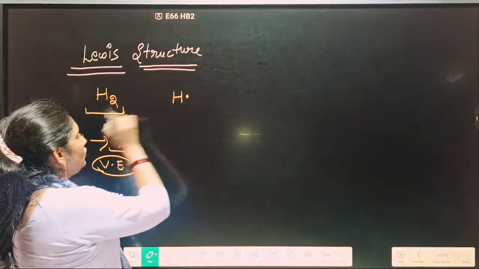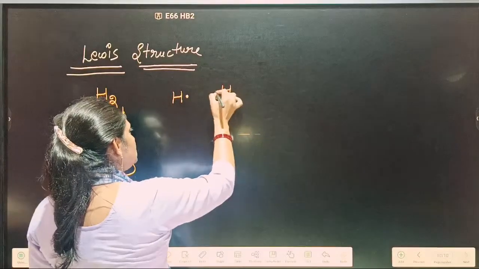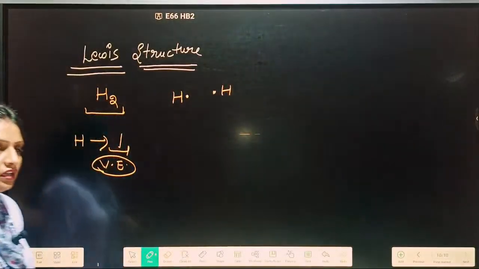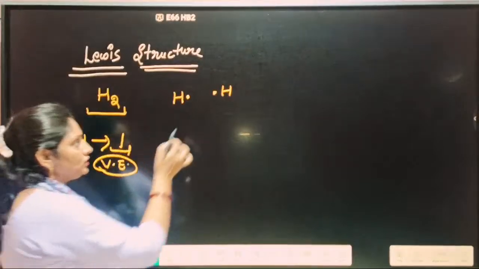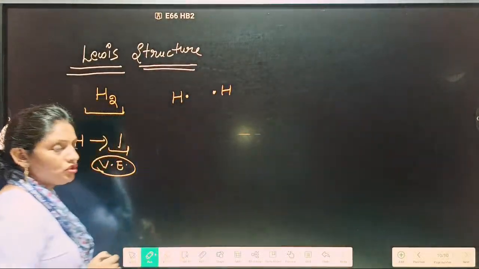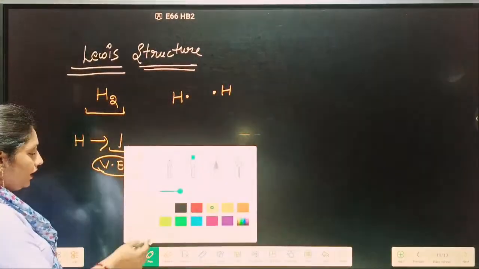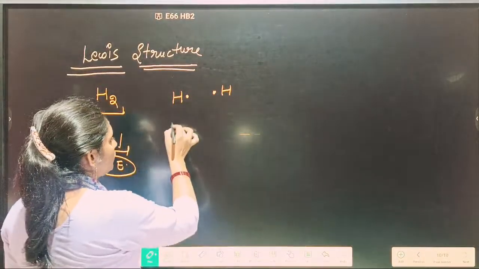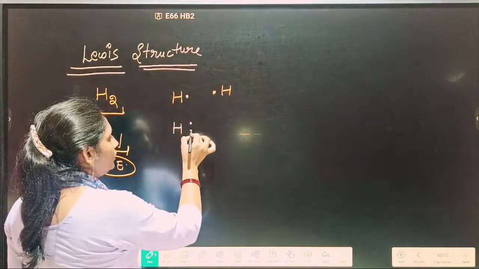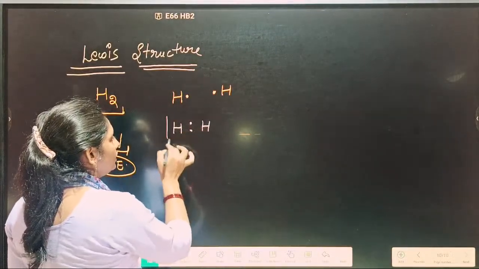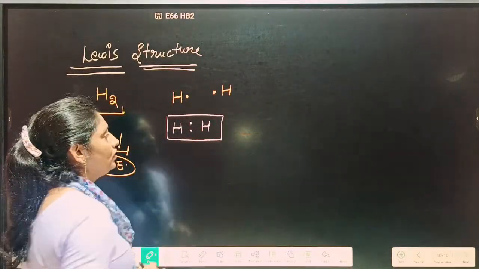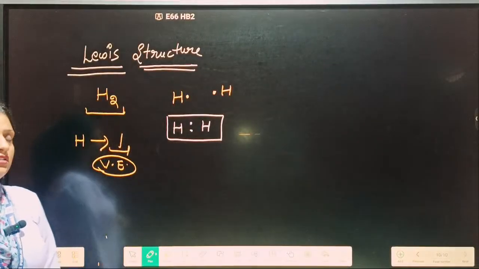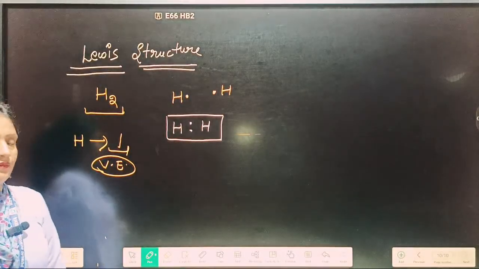There are 2 hydrogen atoms, so the second one also. Then you will show the mutual sharing. By mutual sharing of one electron, they can form a covalent bond between them. So in this way you can draw the Lewis dot structure.